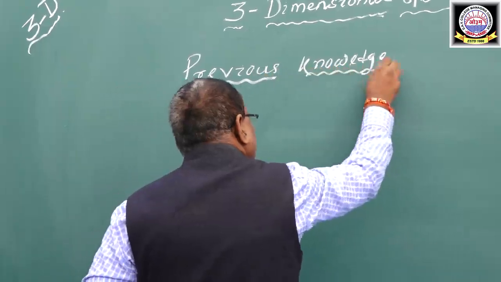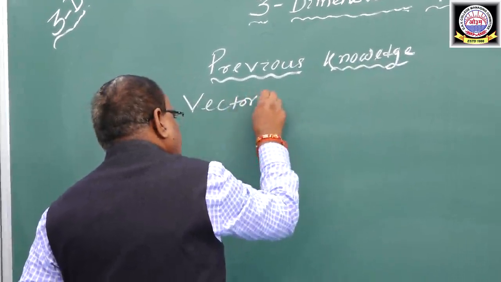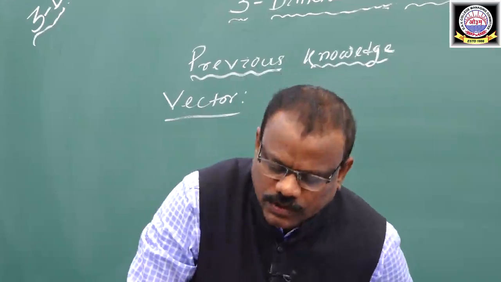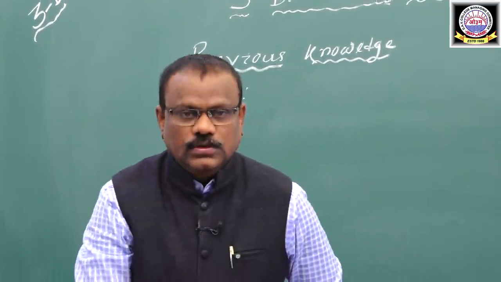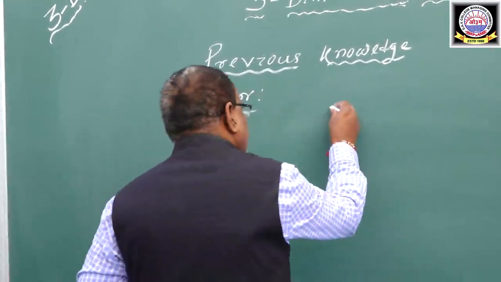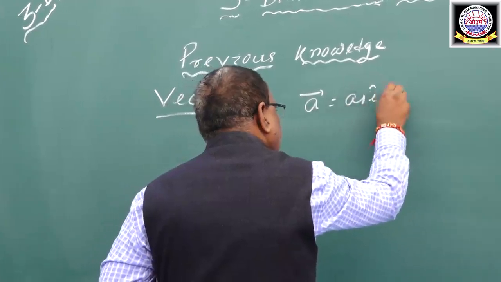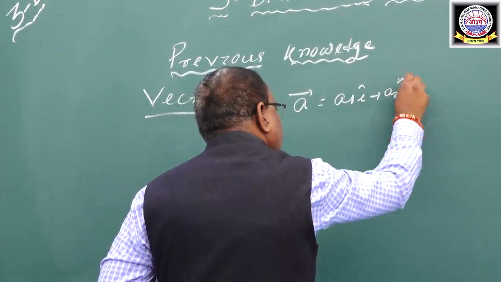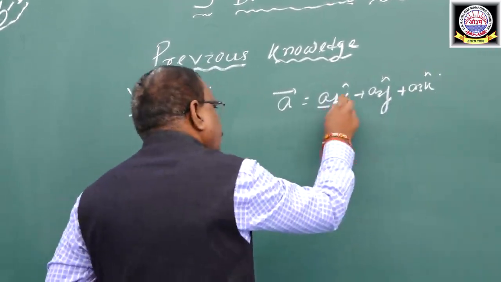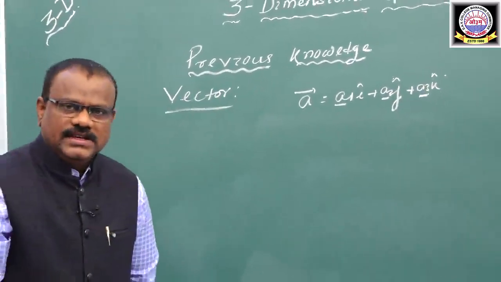So in previous knowledge, I am talking about the vector. First, recall what you know about vectors. We generally write a vector, suppose, as a1i plus a2j plus a3k, where a1, a2, a3 are the coefficients of i, j, k.